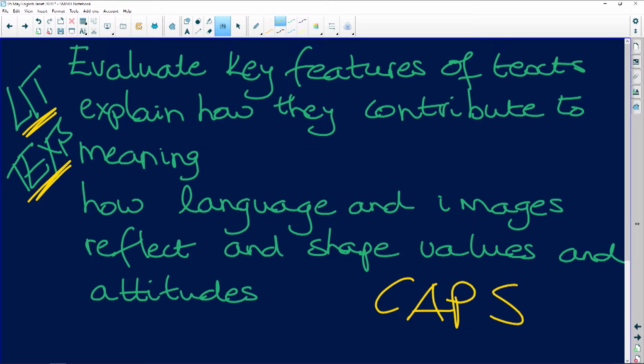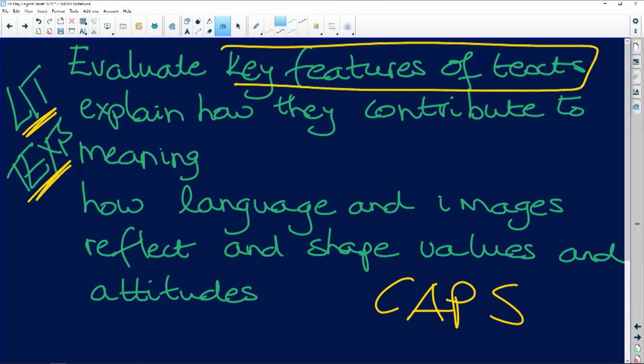So these are the outcomes that you as a student are expected to show when you answer questions in your grade 8, 9, 10, 11, 12 exams. All right, key features of text. So Ellen, do you know your key features of a literary text?